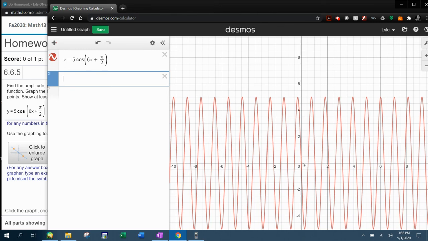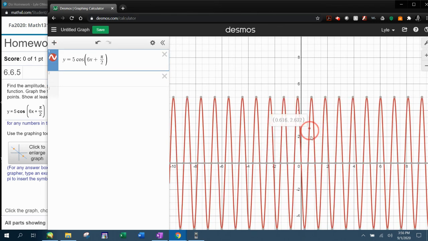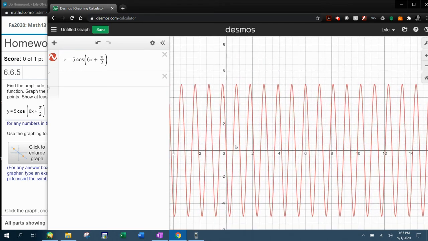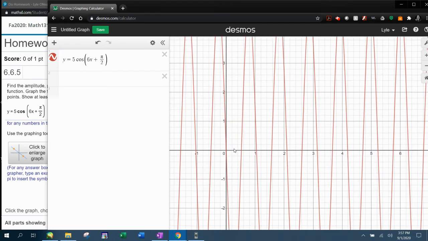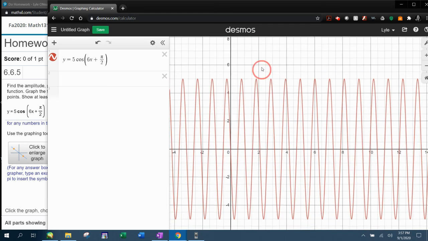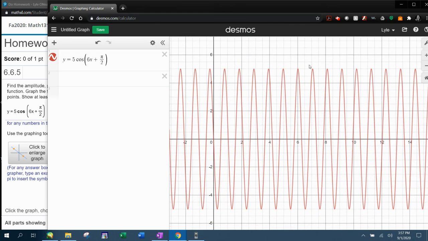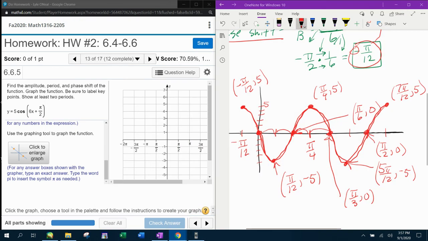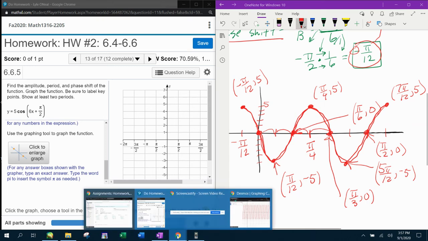And then that gets us over. Now, the nice thing about Desmos is you can click on this graph and move it around. And if you scroll the scroll wheel, you can zoom in and out. Super nice, okay? Now, let's figure out what some of these points are and see if I'm right. There's the origin. This point is negative pi over 12, comma 5, which is what I labeled, verified, okay?